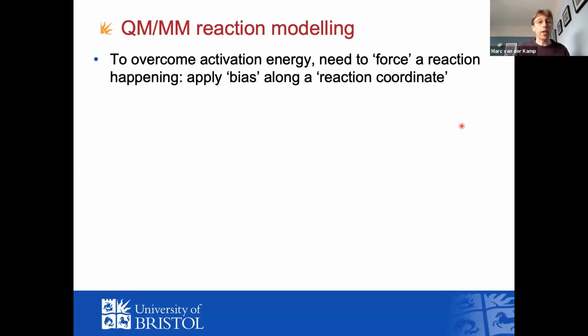We need to force it, and in order to force that reaction, we need to apply bias along the reaction coordinate. And the reaction coordinate we can define in a number of ways, and we'll use actually the simplest type of thing that we can do, which is a geometric reaction coordinate during the practical.